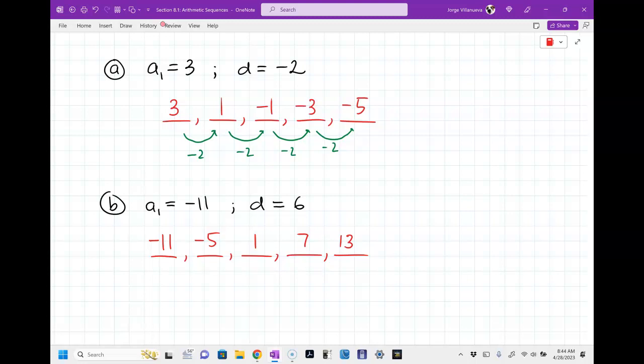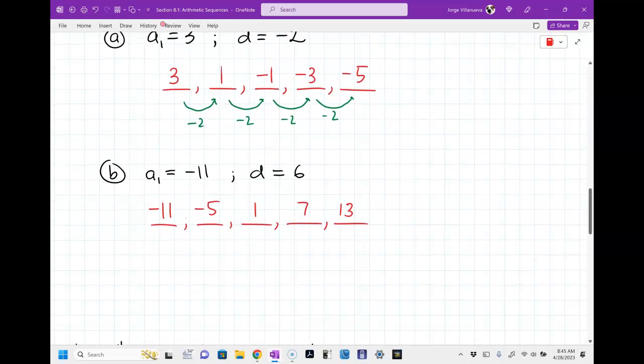Just keep applying it to every number that you write down. That way you create the sequence that has that pattern, right? So from negative 11 to negative 5 to 1 to 7 to 13, they're all positive 6 units away from each other, okay? So that's how I know this is an arithmetic sequence, okay? They always have a pattern in between.